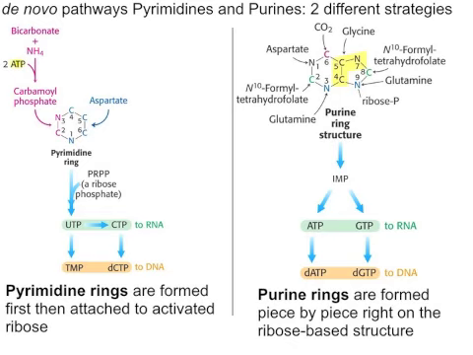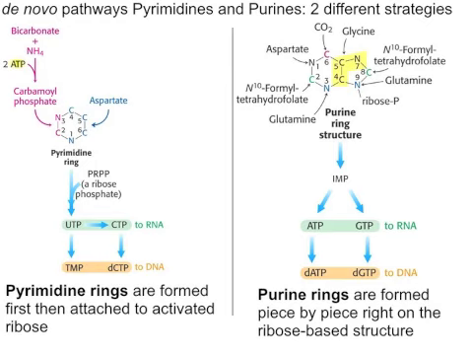The de novo pathway is a little more complex, and pyrimidines and purines use 2 different strategies. Pyrimidine rings are simple. They're formed first, and they're brought to the activated ribose platform, PRPP. And the subsequent progression, involving several steps, is first to make UTP, and then to make CTP. These are both ribonucleotides that can be used to make RNA.